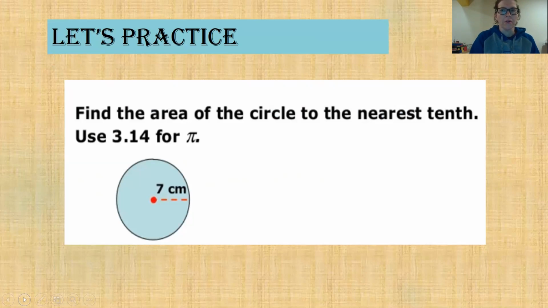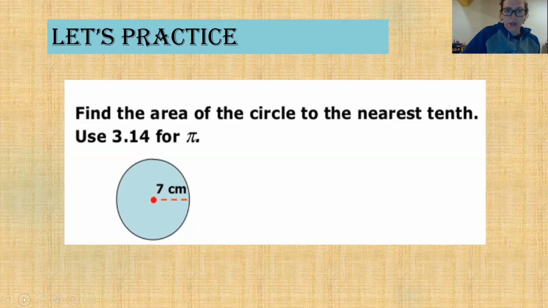If you have a calculator handy, that would be really good to go ahead and get. Pause the video and get a calculator, whether it's on a phone or a tablet or a handheld calculator. That would be very helpful to have since we are dealing with multiplying decimals.